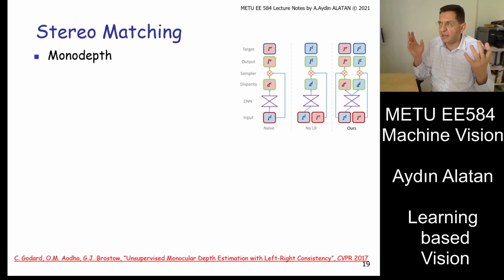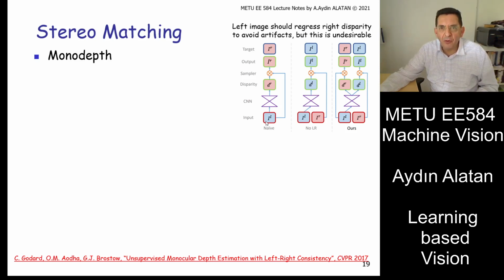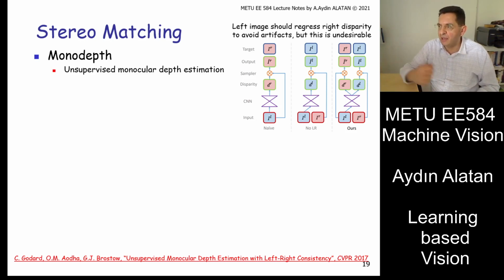Then you will just regress your disparities or depth values. And based on that, you will try to propagate back your error. That could be one typical way. From some ground truth, you can try to estimate your results.